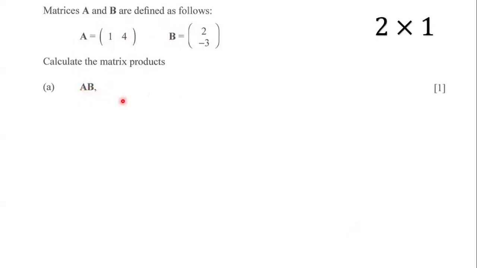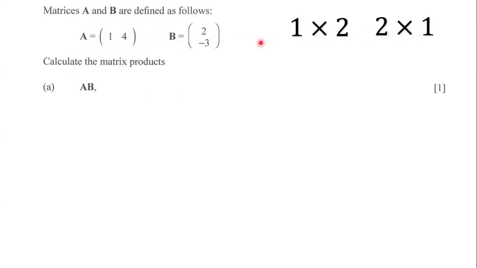First, we have matrix A, and matrix A is of order 1 times 2. What does that mean? That means it has one row and 2 columns, 1 and 2. Now matrix B has the order 2 by 1.